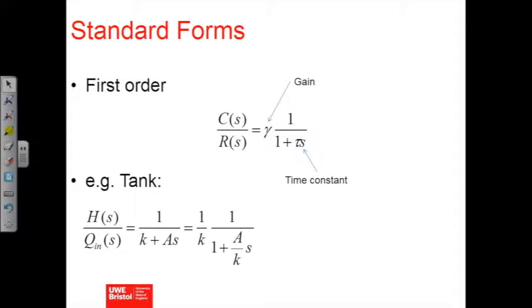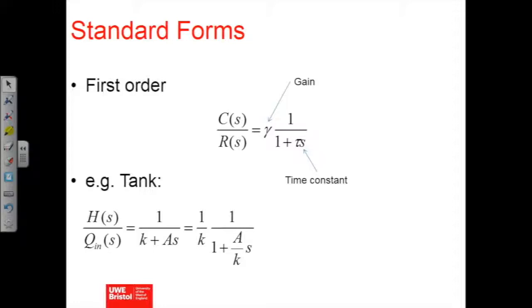That fluid tank that you did in the tutorial simplifies quite easily into that first order standard form. There are only two numbers that concern us in that standard form.